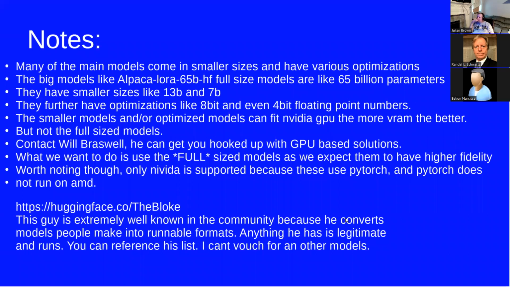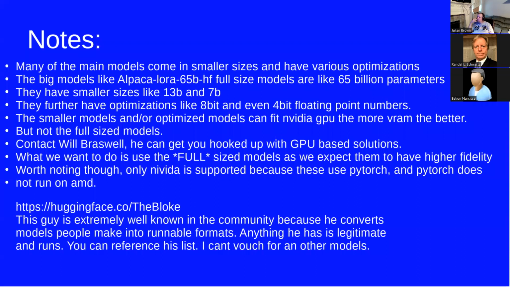So let's talk about some things that I know. There are many models that you can apply in this language model scenario. Some are big, some are small. Some have those optimizations I was mentioning: 32-bit, 8-bit, and 4-bit.